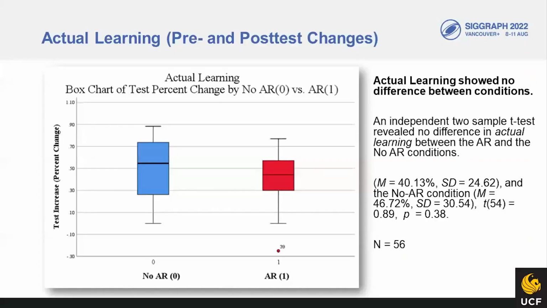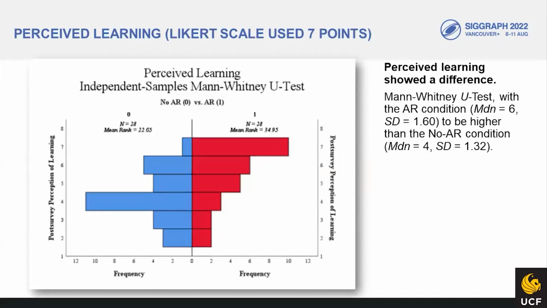The results here were surprising. There was actually no actual learning difference between the catalogs, facts and story, and the AR app. They were the same, although with the AR app, you can see the variance is a little bit tighter than the no AR. However, on the post-experience survey, everyone said that the AR was a superior learning experience.